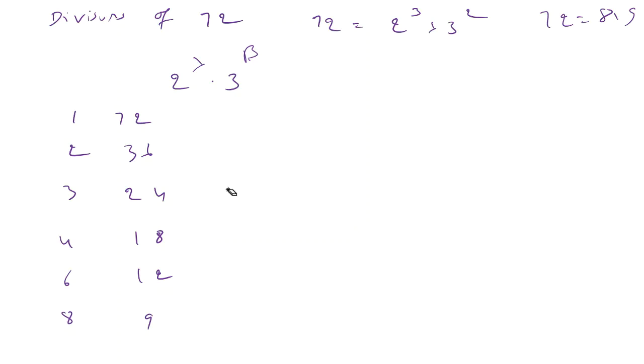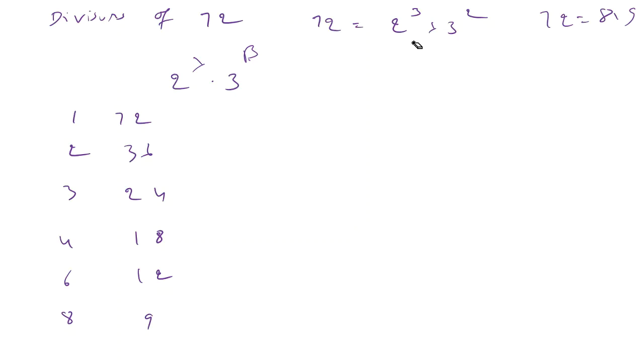So any divisor will be of the form 2 raised to lambda and 3 raised to beta. If I want to select a divisor, I can select some 2's and I can select some 3's. How many 2's I can select and how many 3's I can select, that is the question. Here the number of 2's is 3 and the number of 3's is 2.